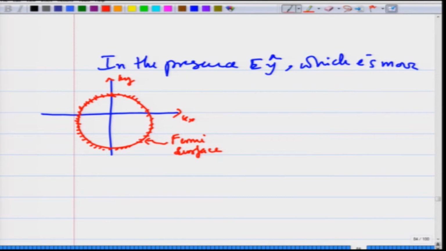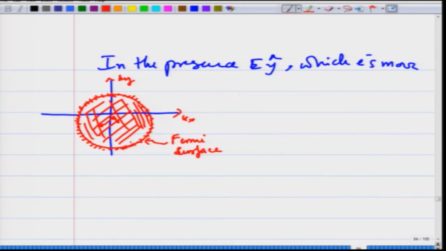But can they move to any state which is inside? Remember that these are all occupied states. So, these electrons which are present inside cannot move to any other momentum state. The Fermi energy is a pretty large energy scale of a few electron volts. So, if you apply a reasonable electric field, you do not expect the electrons sitting far away from the Fermi surface to start moving, because they have no available momentum states to move into.